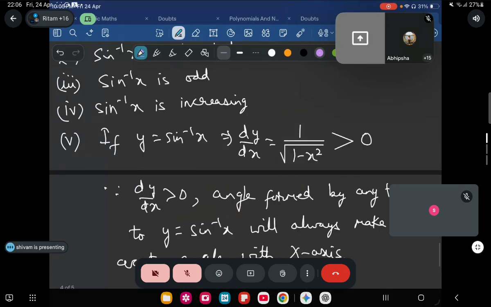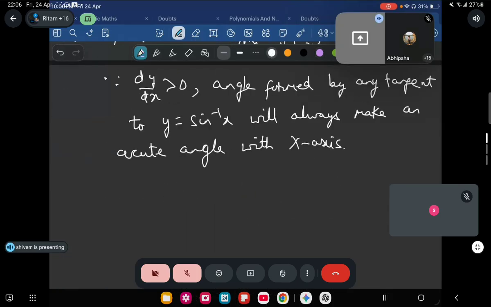Next. So write it down as x equal to plus minus 1. As x is equal to plus minus 1, dy by dx will tend to infinity.